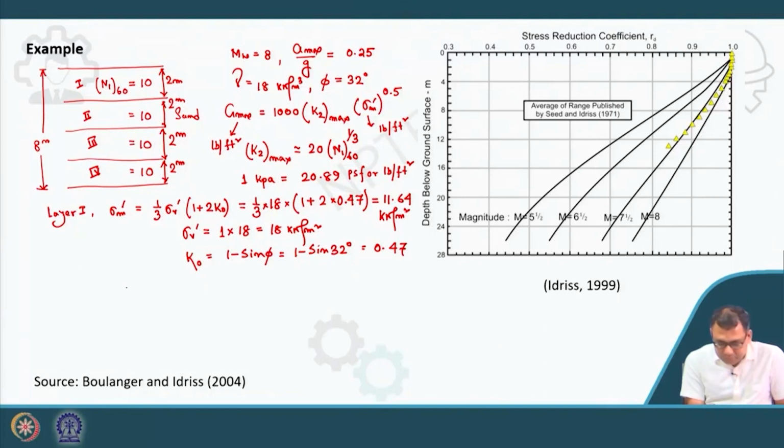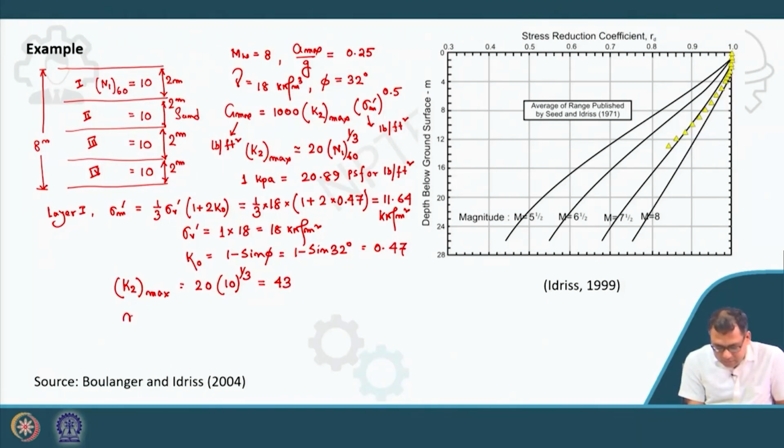Now I can calculate the K2 max. It is 20 into 10 to the power 1 by 3, because N160 is 10, so it is 43. That one is used for every sublayer.